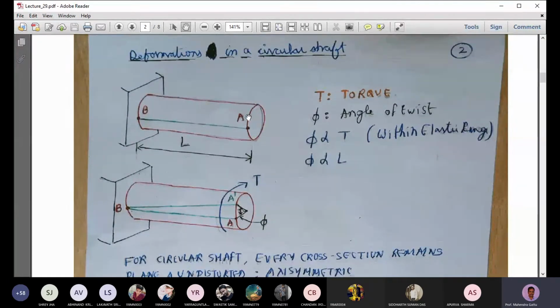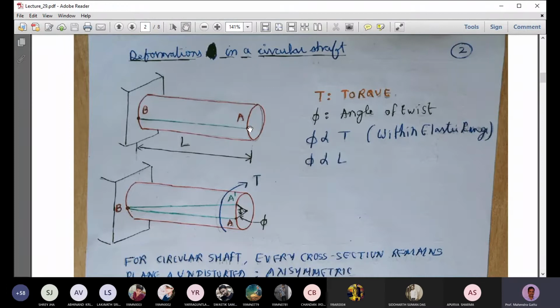So we have our circular cross section, and we can take a small section of length L. We apply a twisting moment T on the right surface. Because of this torque T, the surface will rotate by a small angle phi.